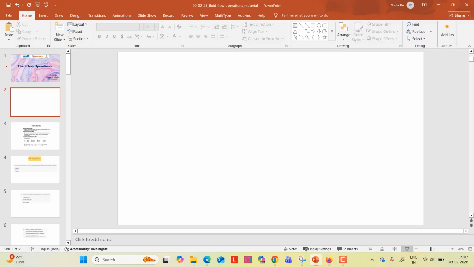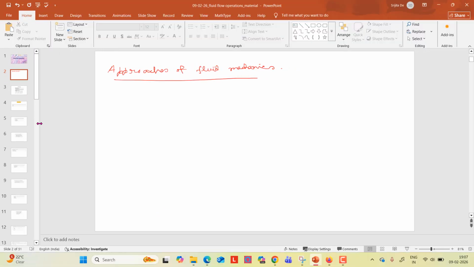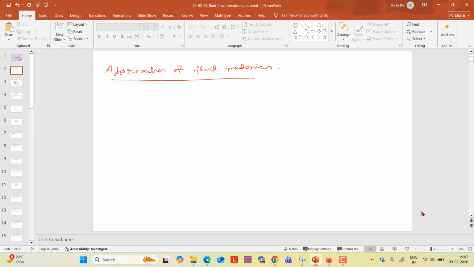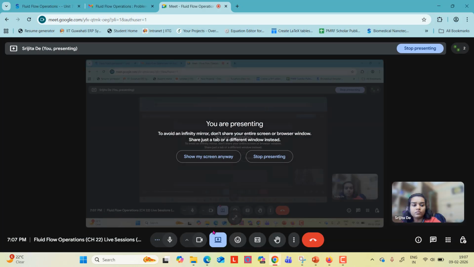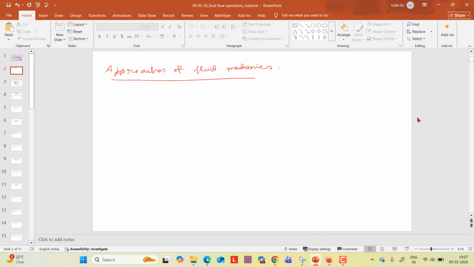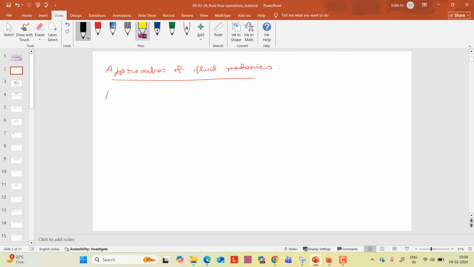The first one is the Lagrangian approach.